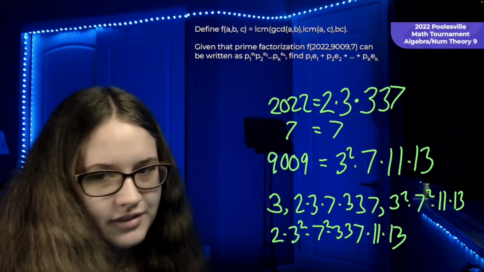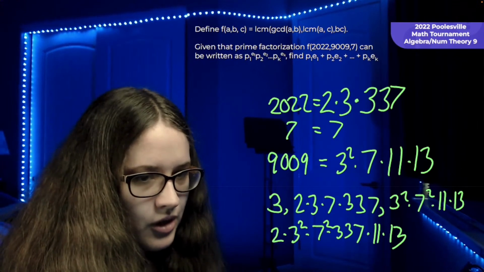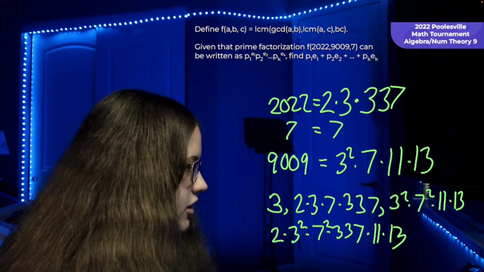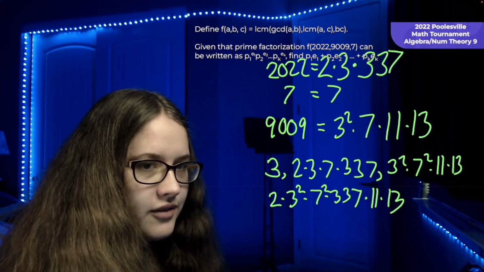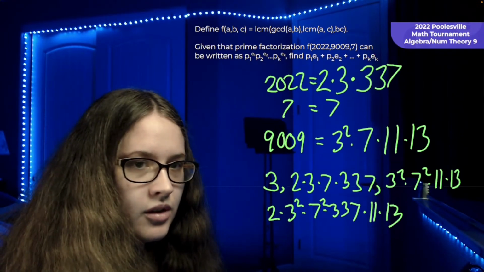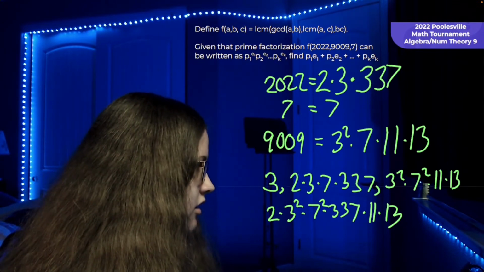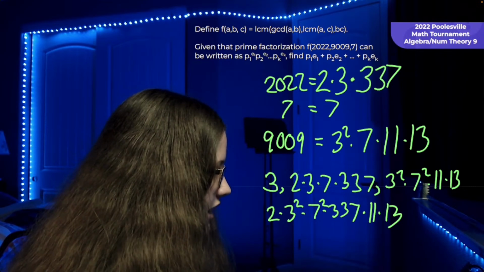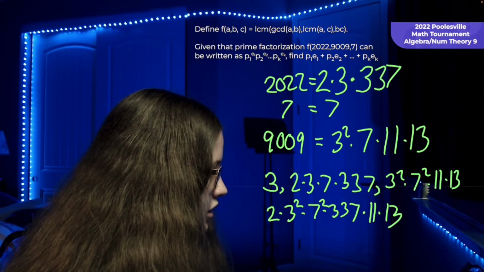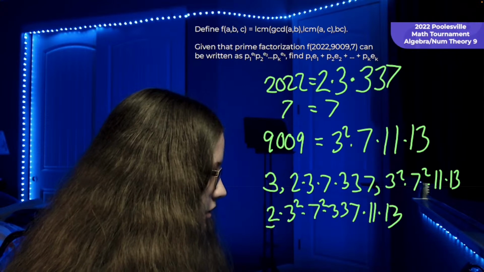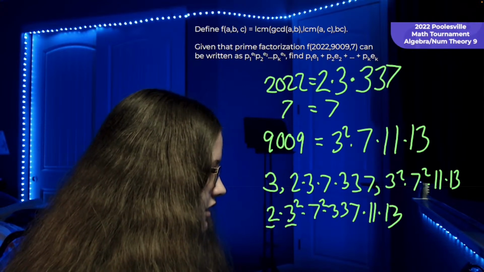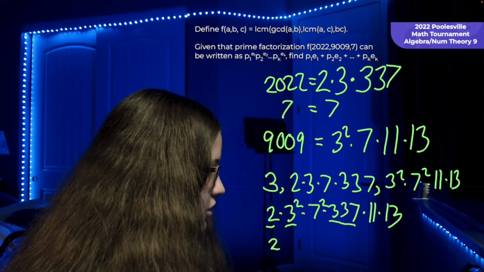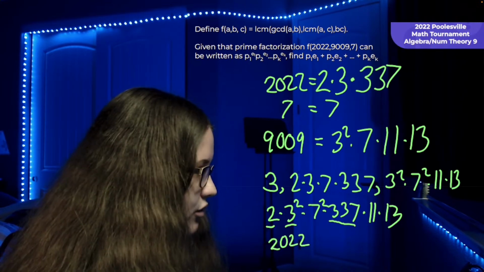And now all that's left to do is to figure out what this number is. So, how do we find out what this number is? Well, okay. We know that 2 times 3 times 337 is 2022, and we have a 3 left over.